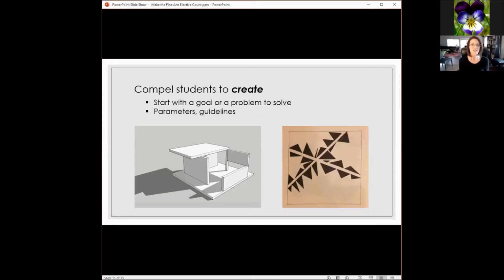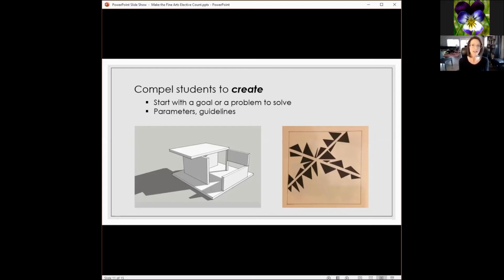And this is when they are applying those critical thinking skills, those creative problem solving skills, and they're gaining for themselves a repertoire of ways to accomplish a goal that will extend far beyond designing a house or designing a two-dimensional composition.